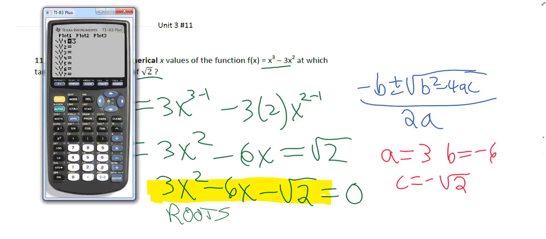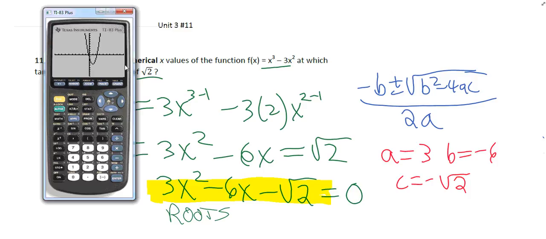So we have 3x squared minus 6x minus the square root of 2, and we'll graph it up, and you can see that this has 2 roots. One of the roots looks like it's a little bit to the left of the origin, and the other one is somewhere past 2.